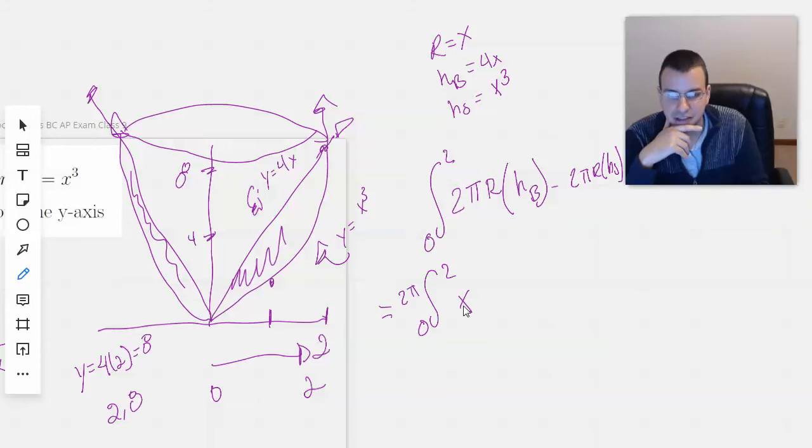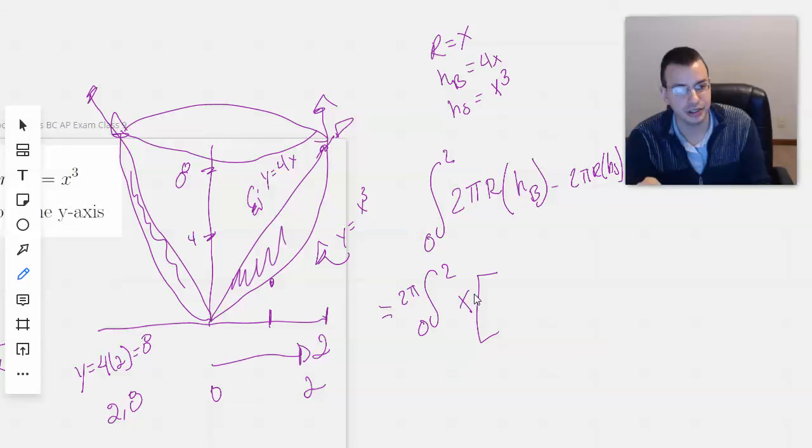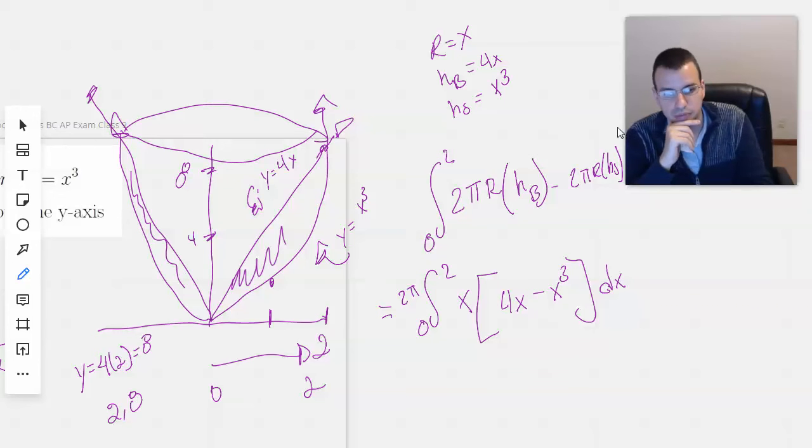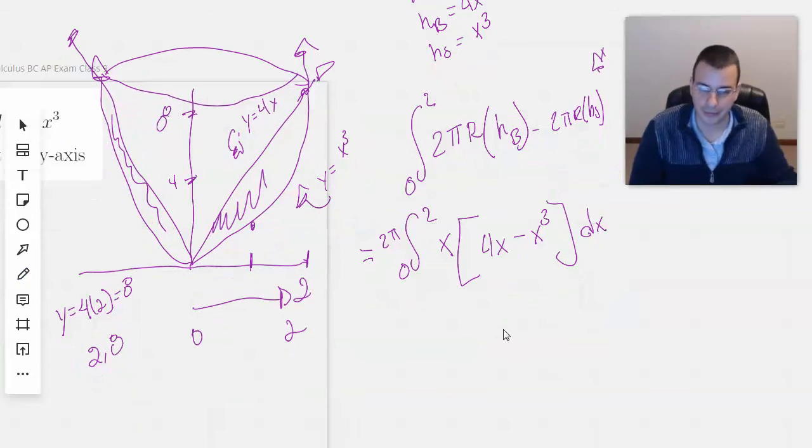We'll have an x, which we can factor out of both of the heights, but we can't bring it outside the integral because we're going to be integrating by x, and x is specifically not a constant. 4x minus x cubed, okay? Delta x, which I think we write as dx down here.